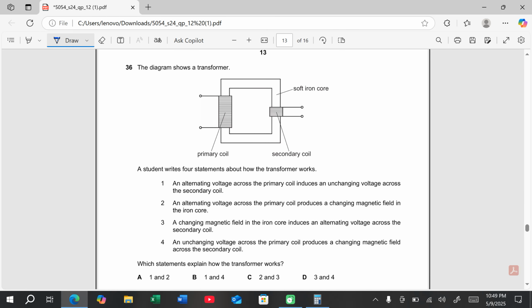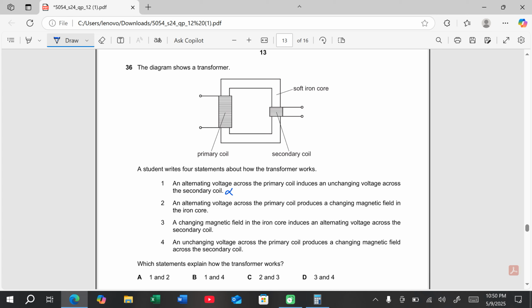36. The diagram shows a transformer. A student writes statements about the transformer. The alternating voltage across the primary coil induces an unchanging voltage across the secondary coil. That's wrong. It can be changing as well. An alternating voltage across the primary coil produces a changing magnetic field in the iron core.